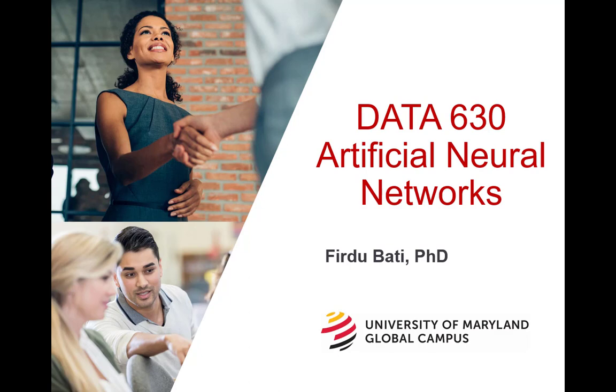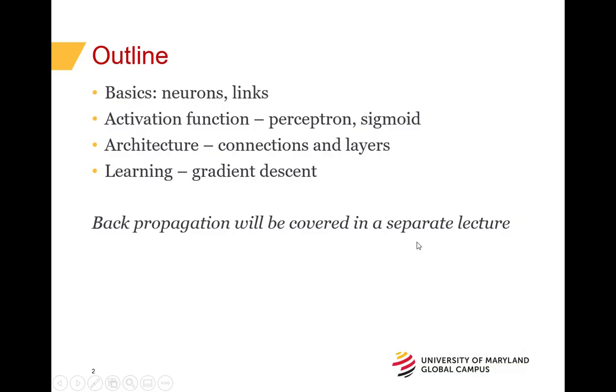So the topic of this lecture is artificial neural networks, and these are the topics that we will cover. I'll talk about neurons, which is a basic mathematical function in neural networks, and the links that connect different neurons at different layers.